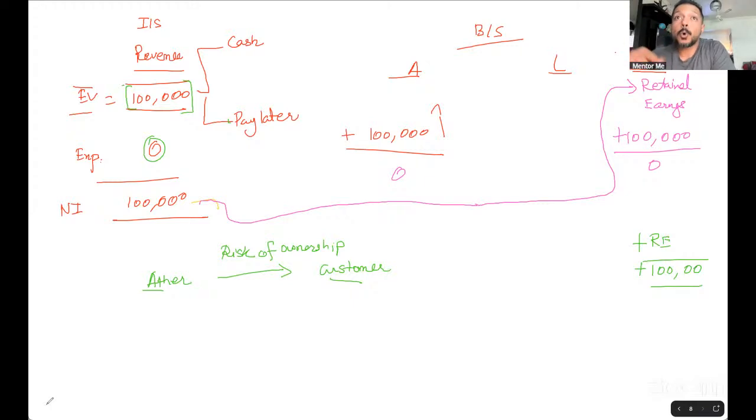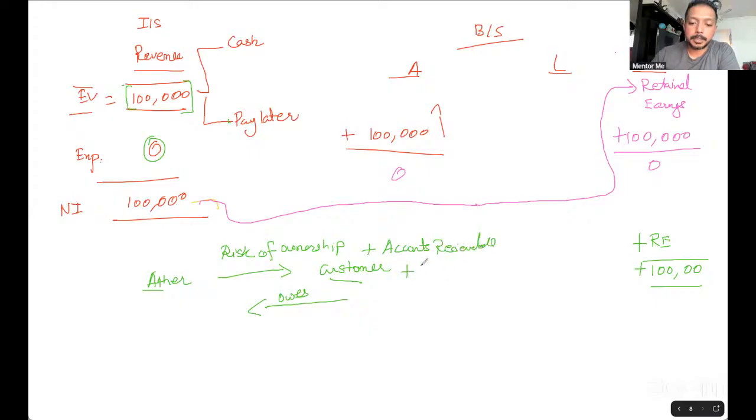If you owe someone, let's say if I owe Sanat, then it's a liability for me. But if Sanat owes me, then it's an asset. So in this case, the customer owes me, and hence it's an asset for me, but obviously not in the form of cash, in the form of accounts receivable.